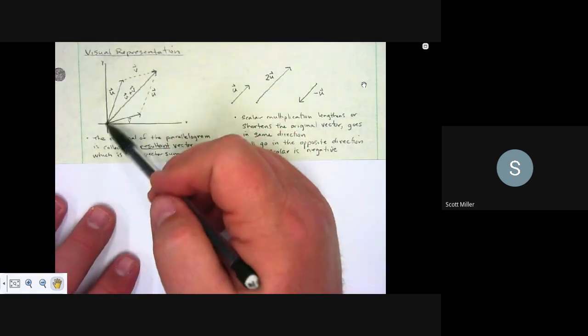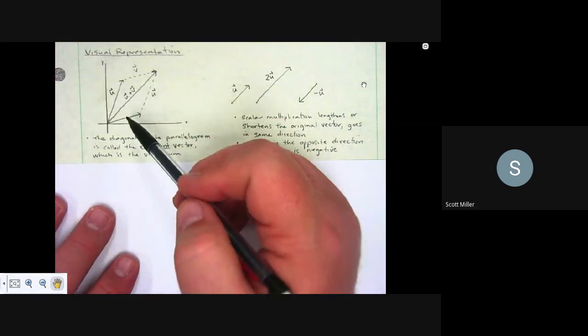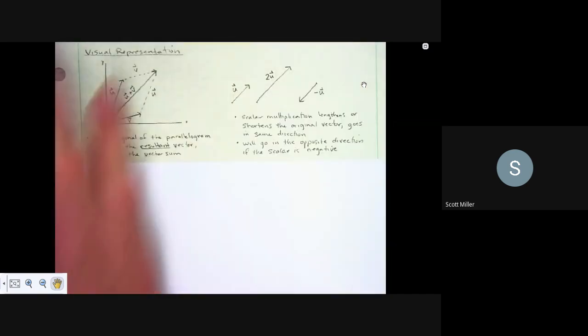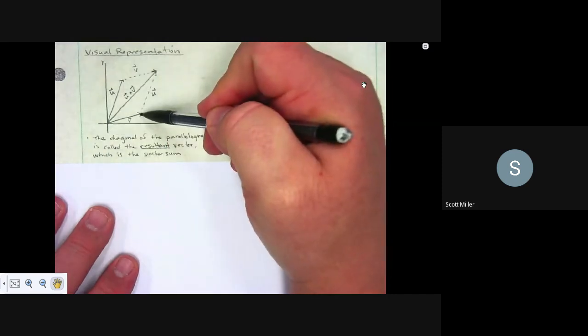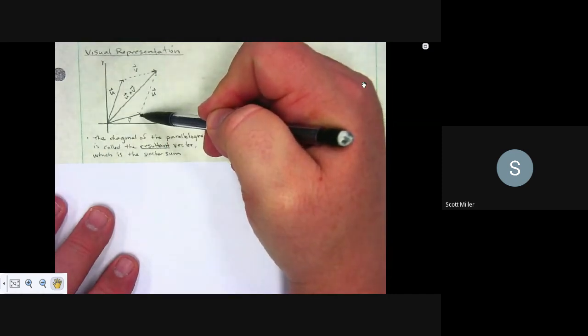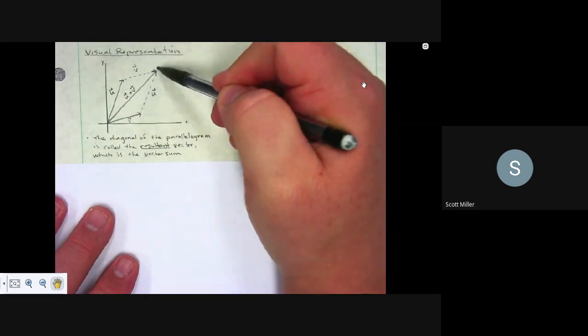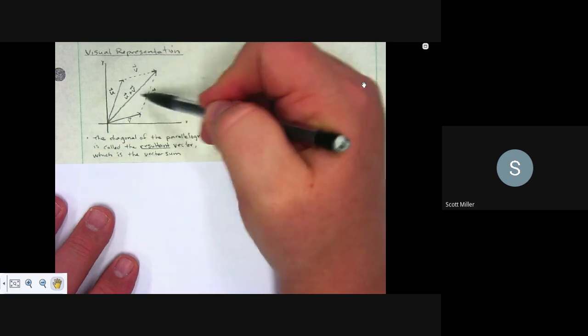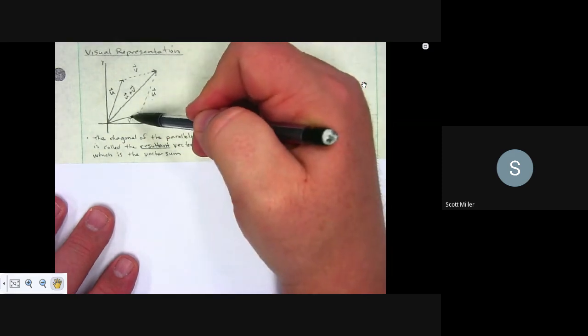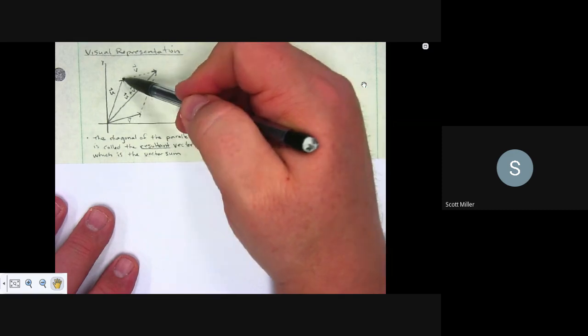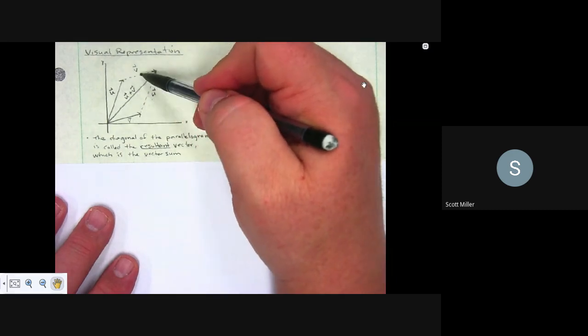Because these vectors represent all vectors of the same length and direction, and there's an infinite number of them throughout the entire plane, I can find one equivalent to this that starts right there and goes the same length and in the same direction. They're literally the same. And I can do the same thing for vector v. I can find an equivalent one that starts right at that terminal point and goes over to here.